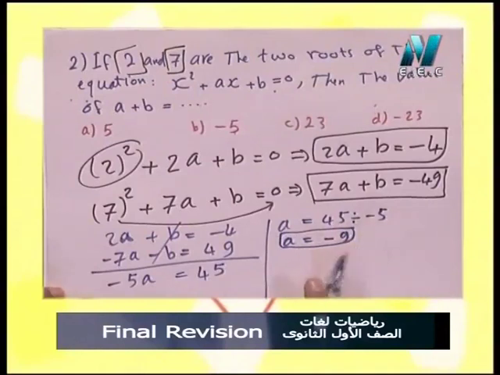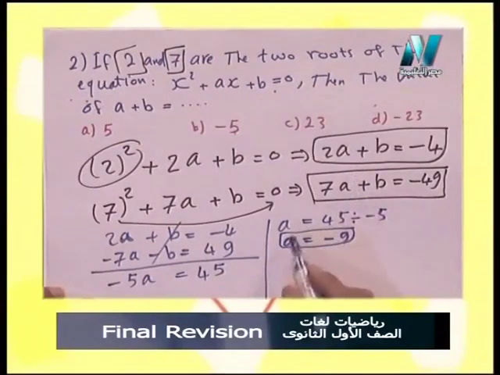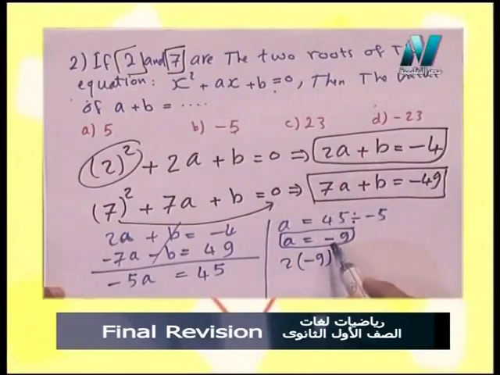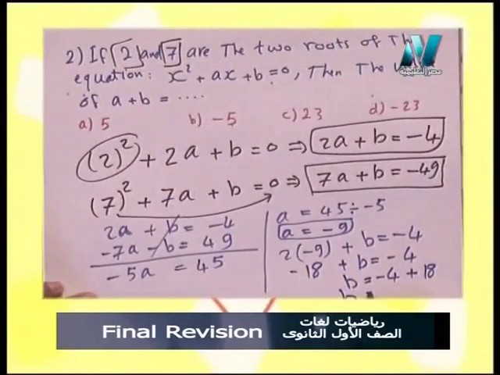By substituting a equals negative 9 into the first or second equation, we have 2 multiplied by negative 9. Instead of a here, we put negative 9, plus b equals negative 4. 2 multiplied by negative 9 equals negative 18, plus b equals negative 4. So b will be negative 4 plus 18. So b equals 14.